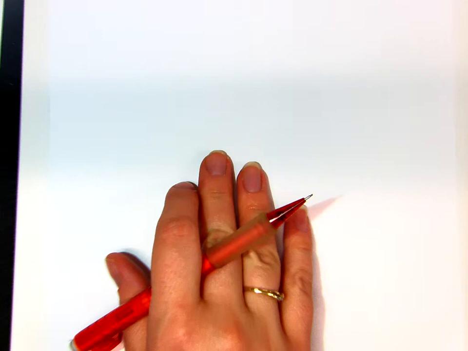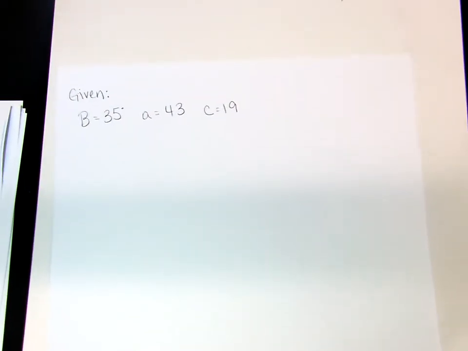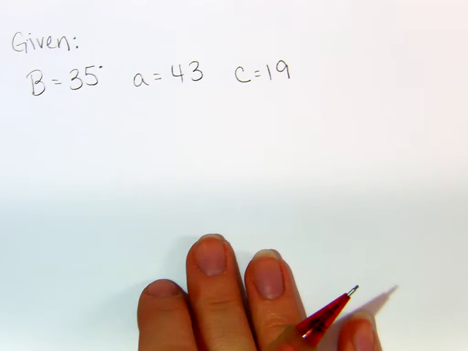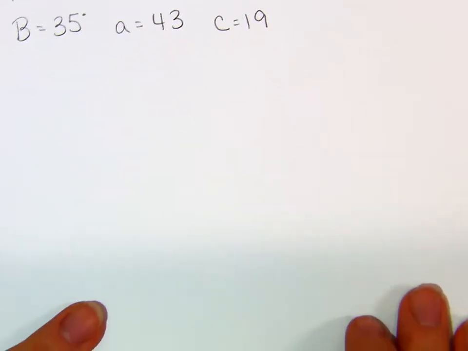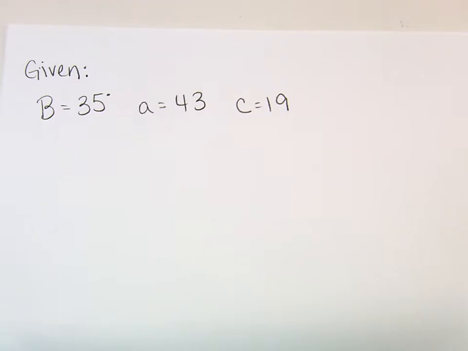Let's do another one. Okay, I'm given angle B is 35, side A is 43, and side C is 19.